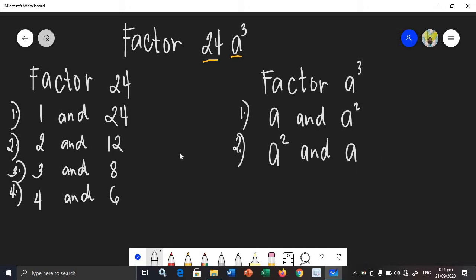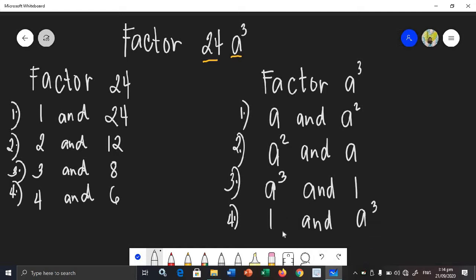That is also possible, but here we will not reverse it. It can also be a cube and 1, because 1 times a cube is a cube. Another factor is 1 and a cube, just reversed. So how do we factor our given monomial? We have factored the numbers and the variables. What we need to do is combine these factors.